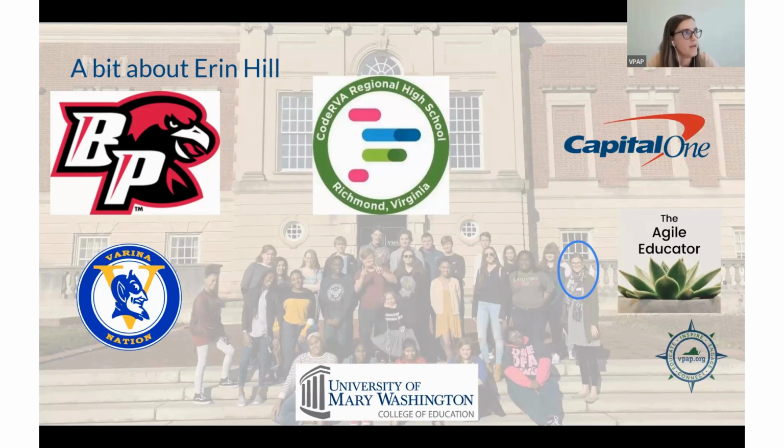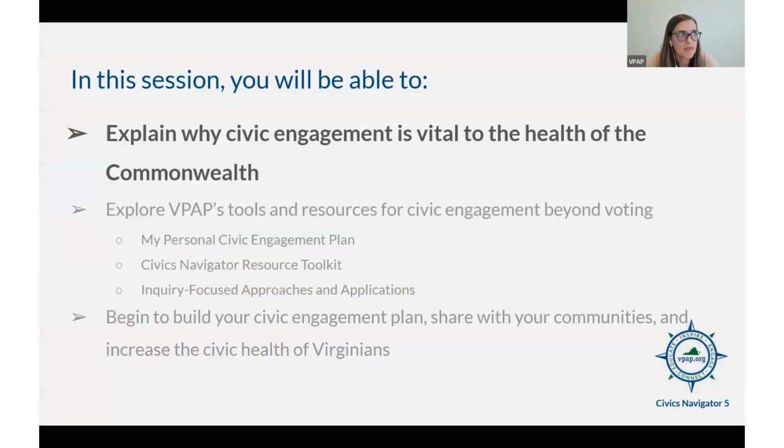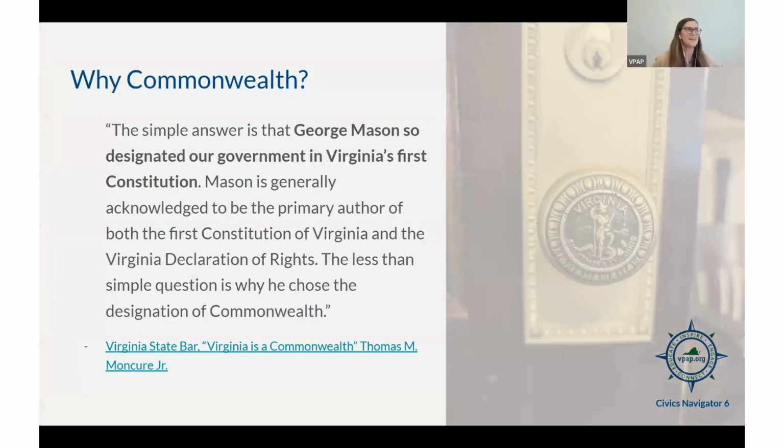But yeah, all right. So getting back to our goals and focusing on that first one of why civic engagement is vital to the health of the Commonwealth. The first question that might emerge from that is, why Commonwealth? What is that? The Virginia State Bar has a great article here from Thomas Moncure. Definitely recommend checking that out if you want to go on a deeper dive about the meaning of the word Commonwealth and the origins all the way back to the Glorious Revolution.